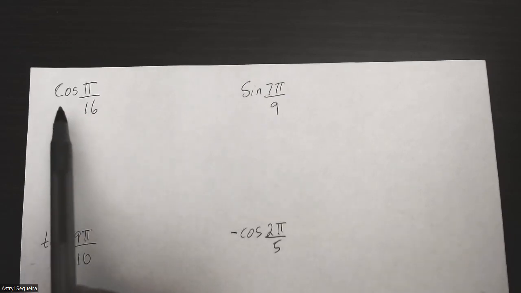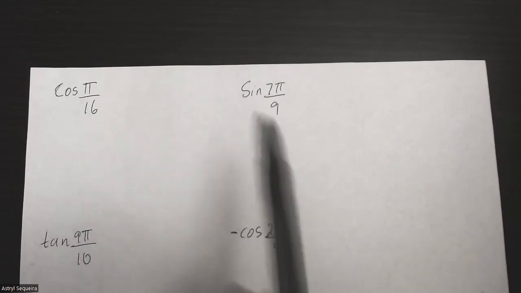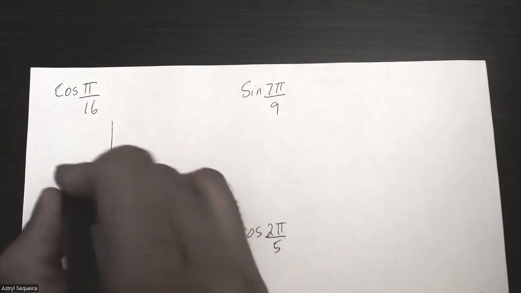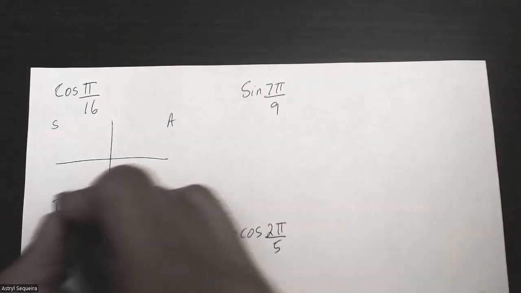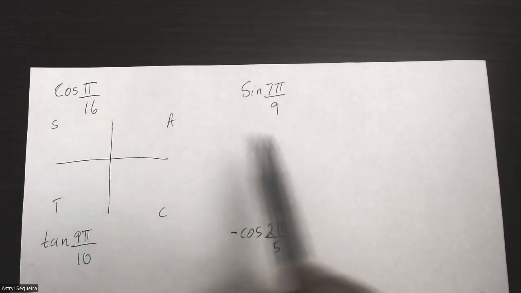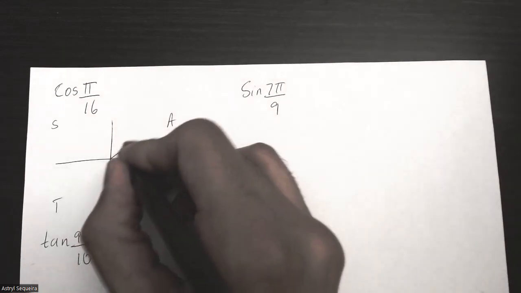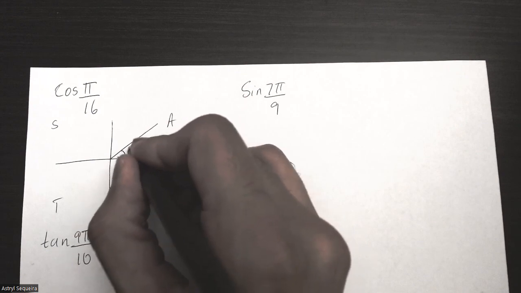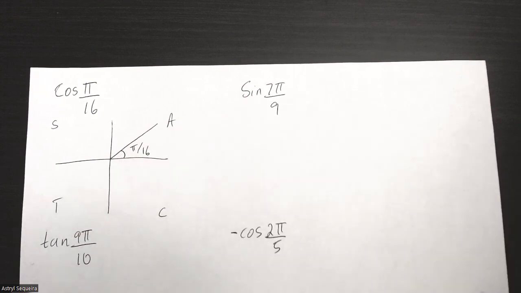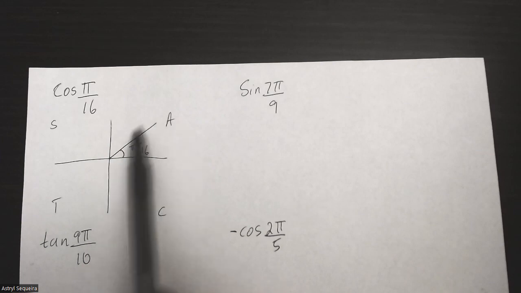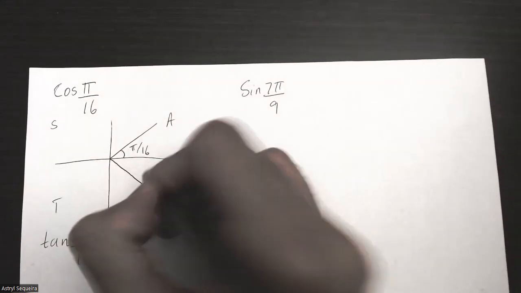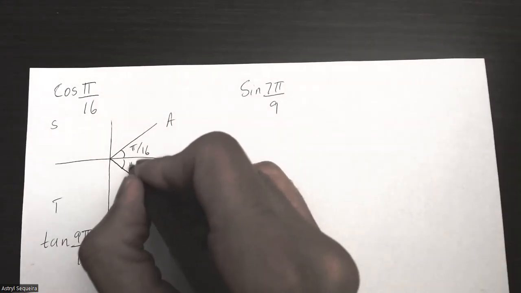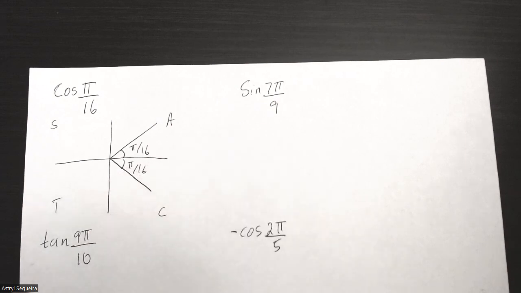So I want to find something that's equivalent to cos of pi over 16. So I'm going to do my CAST rule over here. I know that pi over 16 is a really small angle. It's in quadrant number 1. And I know that cos is positive in the first quadrant. Cos is also positive in the fourth quadrant as well. And my acute angle here is also pi over 16.